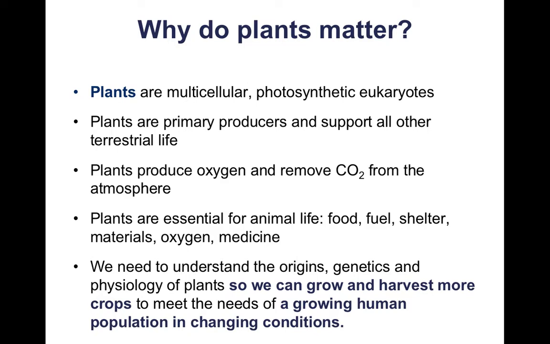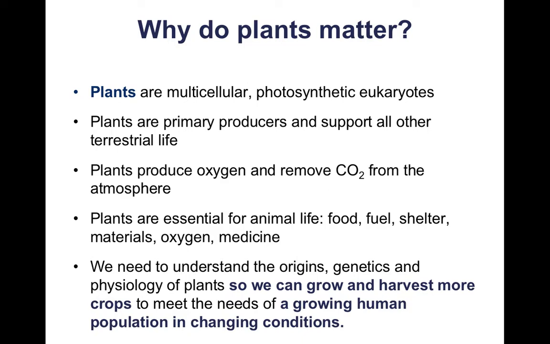We also obtain medications from plants. One example of a medication from a plant is artemisinin, which is isolated from the wormwood plant and is used to treat malaria, which is still a major cause of death and illness in many of the tropical regions of the world.